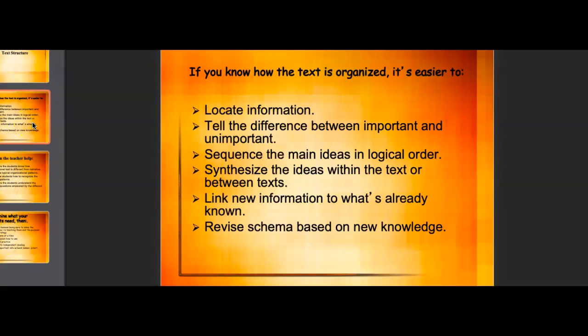And it talks about if you know how the text is organized, it's easier to do several things. But a lot of children don't know how a text is organized. And this will help you with that.